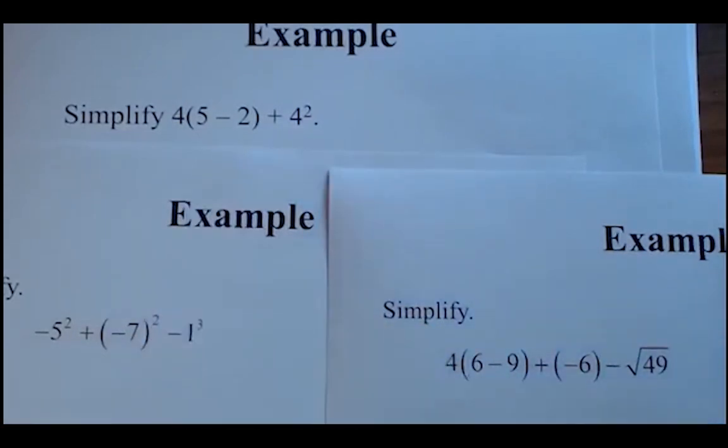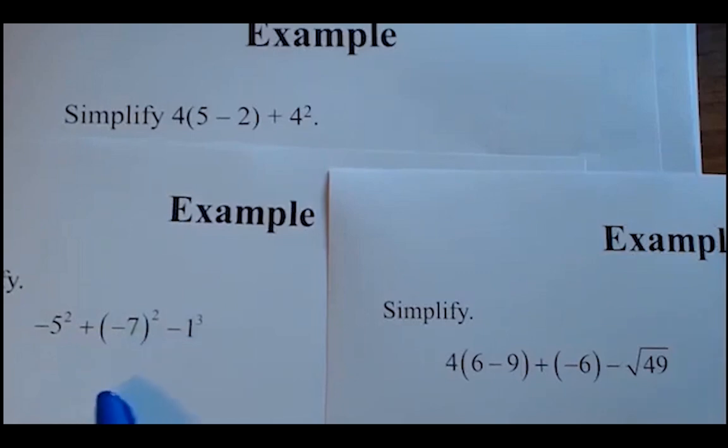We have 4 times the quantity 5 minus 2 plus 4 squared. Then we have negative 5 squared plus (negative 7) squared. This time the negative 7 is in parentheses.